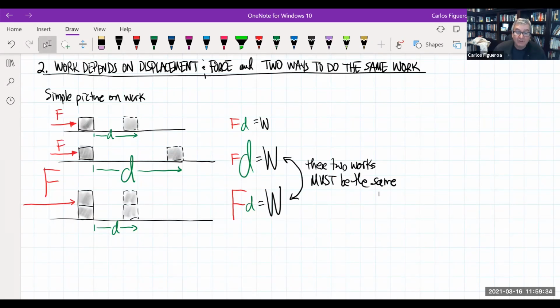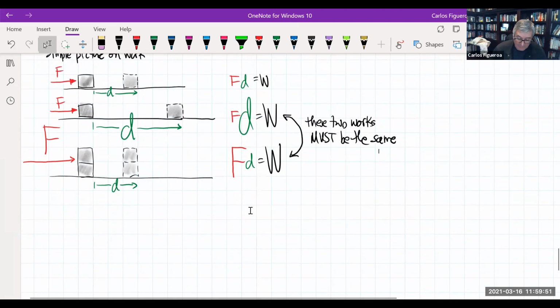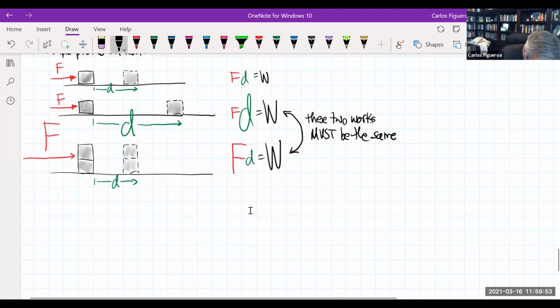Okay, so what I want to do here is set up a situation, but now I want to mathematically calculate it. The situation that I want to set up is this example.